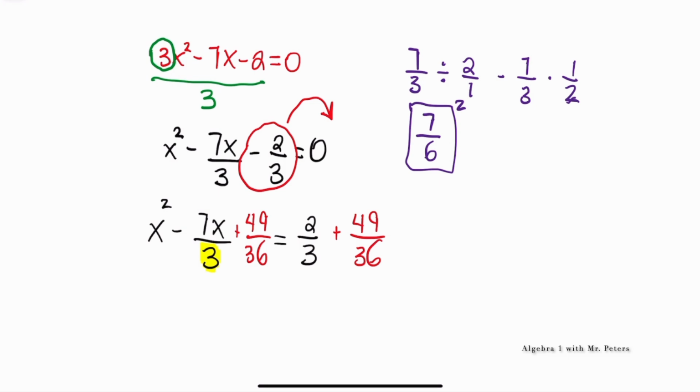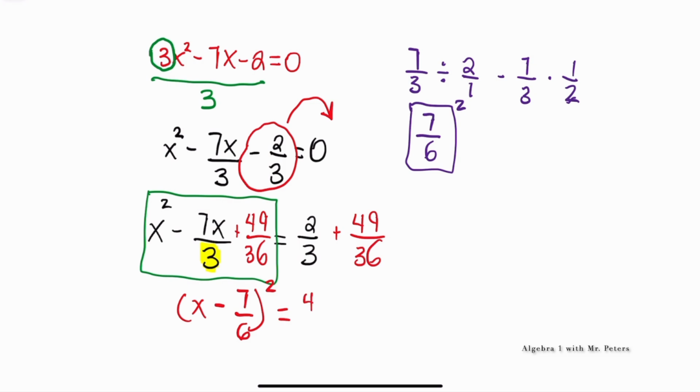Now at this step, please remember 7 over 3 is not the binomial that will give us this trinomial that I'm circling in green. No, please don't make that mistake. The binomial would be x minus 7 over 6 squared, right? This is the binomial, so please don't make that mistake.